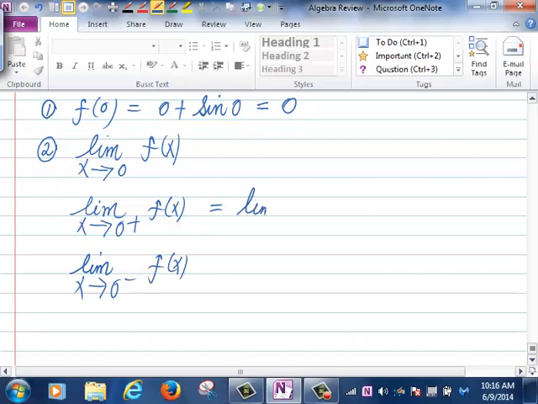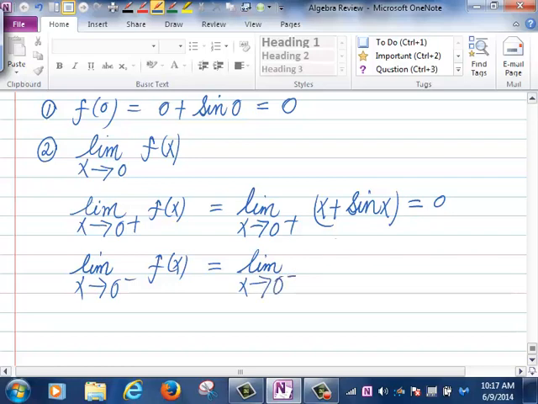This is the limit as x going to 0 from the right, and when x is going to 0 from the right, x is bigger than 0, which means the formula is x plus sine x, right? And the limit here is 0. And what's the limit going to 0 from the left? Then the function is given by x squared minus x, and then the limit is again 0, right?